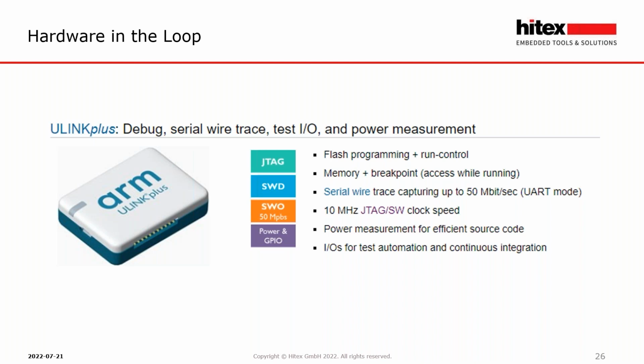So the ULINK Plus can set digital I/O or set analog voltages onto our hardware before we run the test case. Similarly, if we're generating an analog output, we can read that and check that against an expected result as well. So the ULINK Plus gives us quite a lot of new possibilities within our testing framework. And again, this is really a fairly minimal cost.